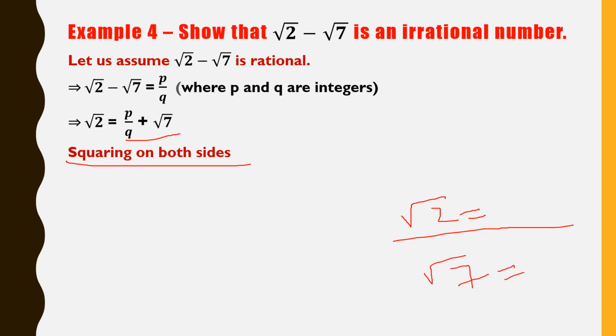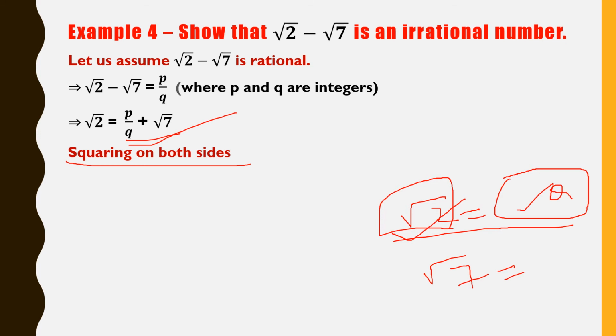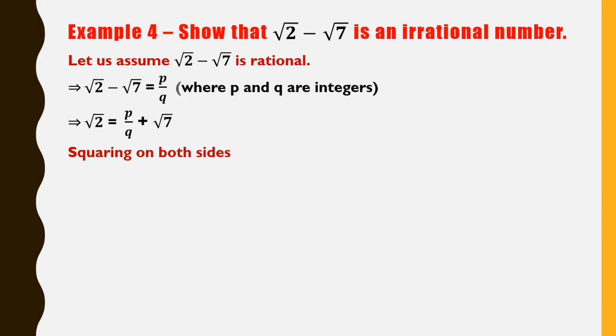Means there must be only one root, so you should do squaring on both sides. Then only the other thing will be like a normal one and this will be in a root. Okay, this will be in rational form and this will be in irrational form. Okay, clear? So here it is not compulsory to send only the minus symbol. You can send this root 2 also here, but it will be easy when you send the minus symbol there.